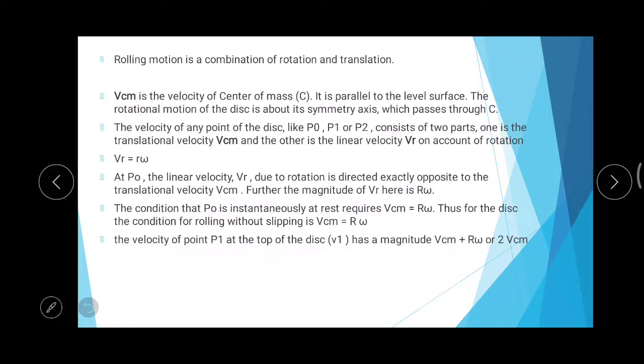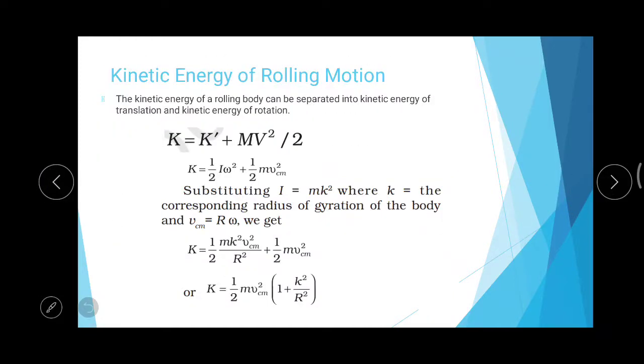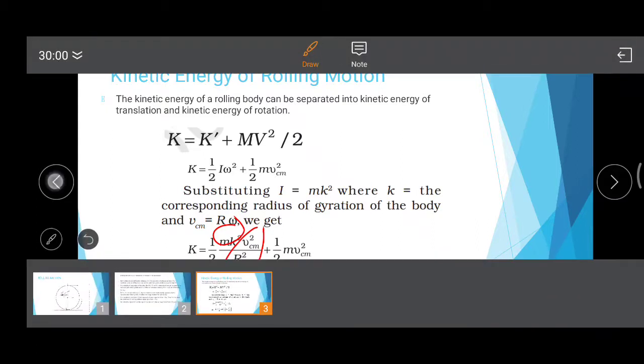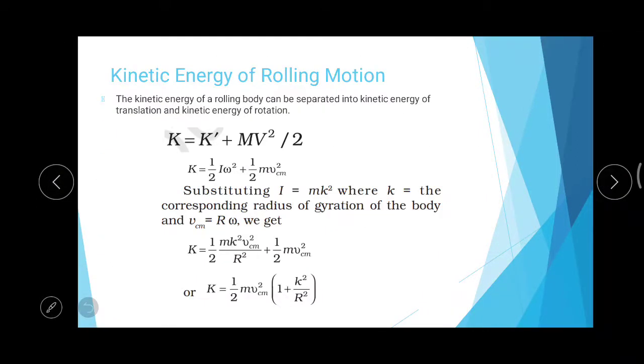So instead of I you get m k square, and omega square becomes VCM square by r square. Taking half m VCM square as common, the kinetic energy value will become K equal to half m VCM square into 1 plus k square divided by r square, where k is the radius of gyration and r is the radius of the circular body.